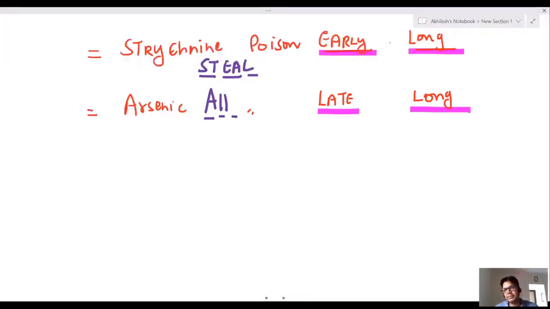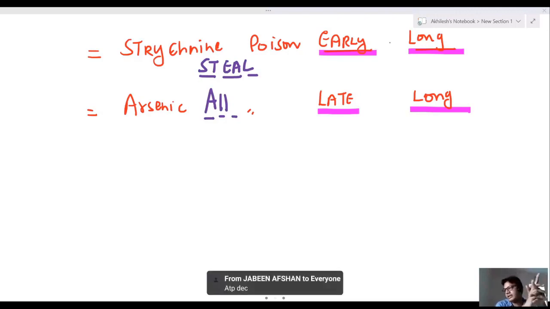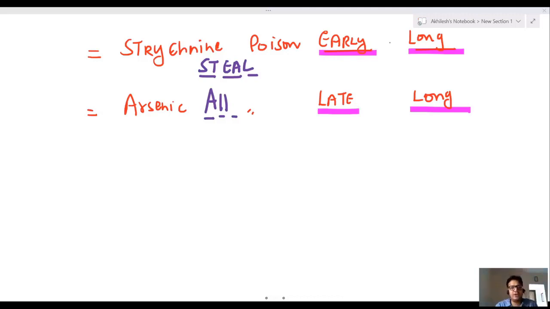Revise with me. What is the mechanism of rigor mortis? ATP decrease. In rigor mortis, which is more, stiffening or shortening of muscle?